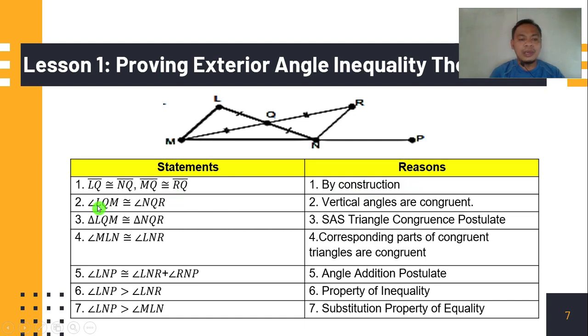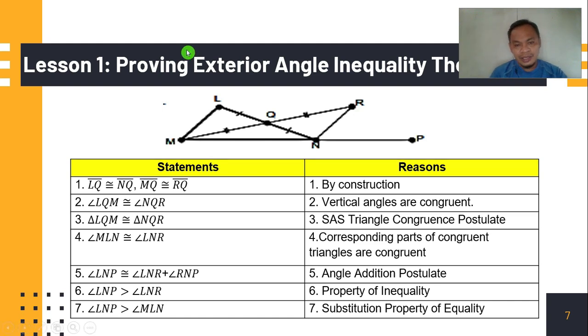And angle LQM is congruent to angle NQR. Why? Because they are vertical angles. Vertical angles are congruent. And triangle LQM is congruent to triangle NQR. Why? By the triangle congruence postulate.